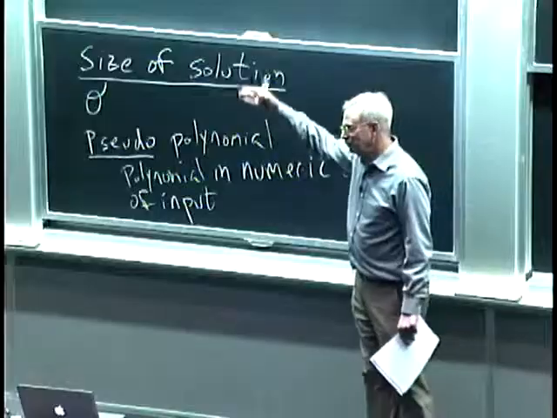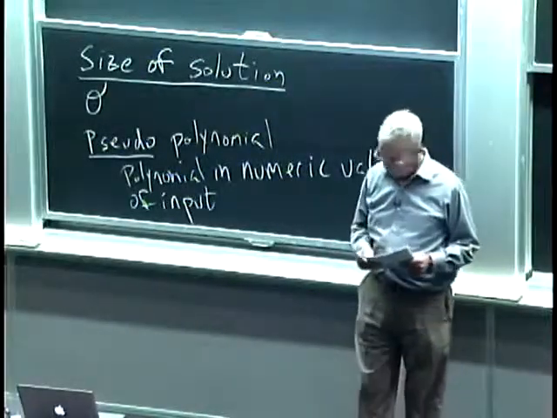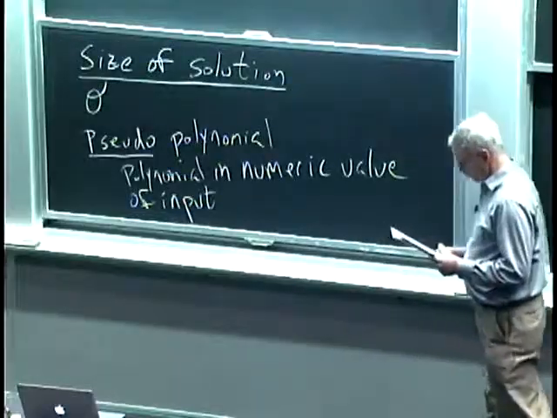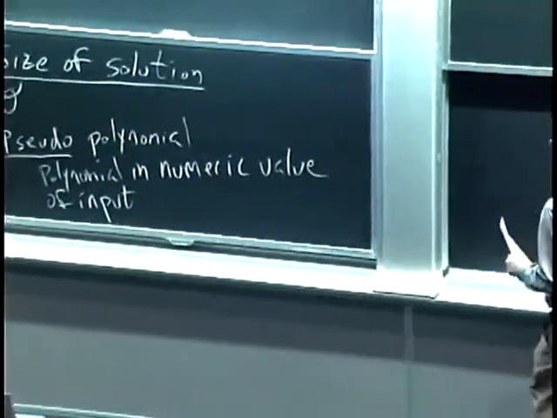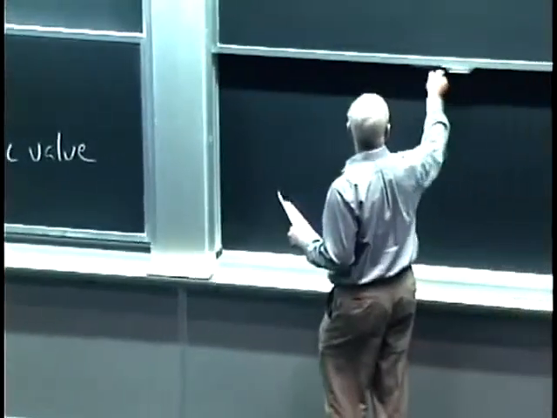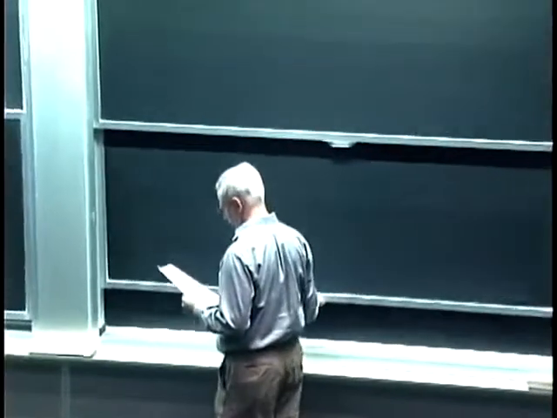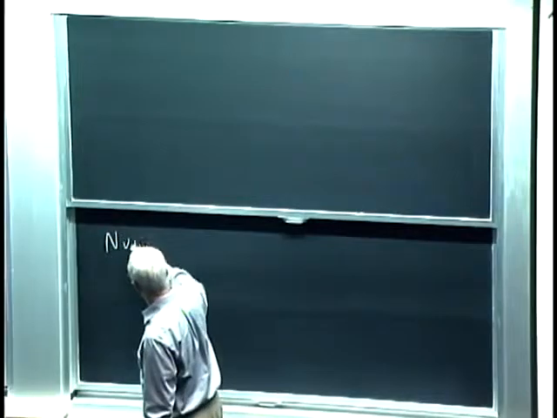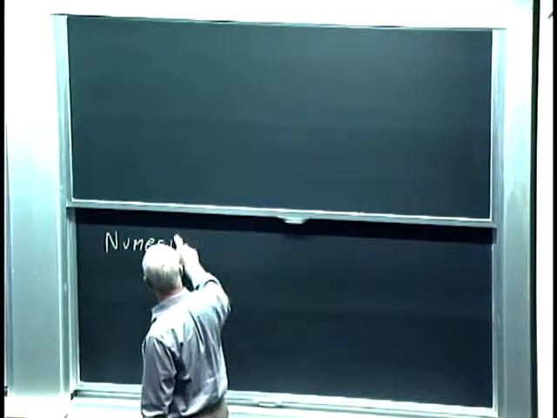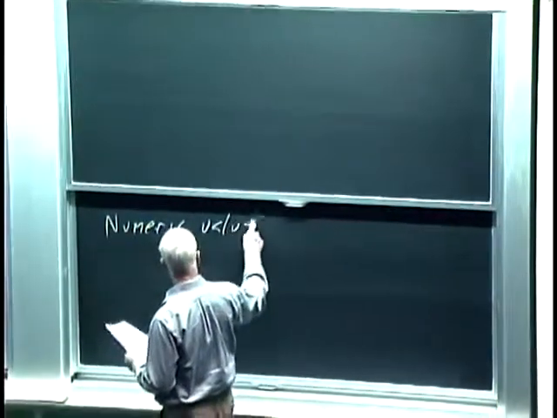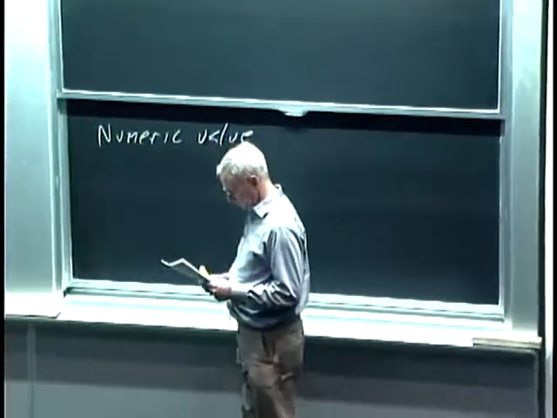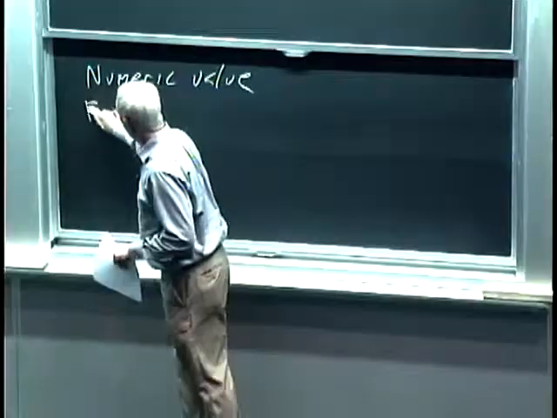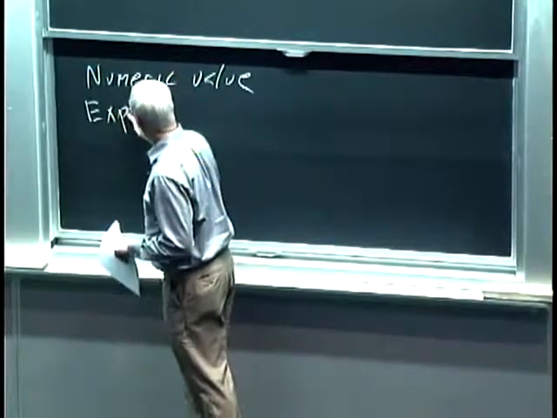Factorial of 10, I'll do 10 operations. Now, the key issue to think about here is that if we look at a numeric value, we know that that's exponential in the number of digits.